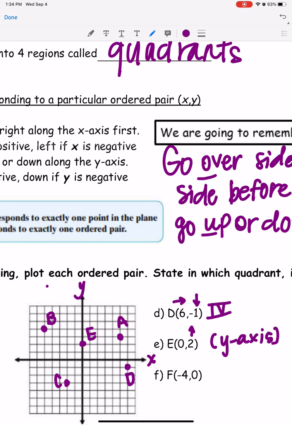And anytime you have 0 for your x, that's always going to be on the y-axis. So then opposite on F, you got -4, 0. So that means over, we're going -4 to the left, since it's negative. And then 0 up or down. So from the origin, 1, 2, 3, 4, but then 0 up or down.